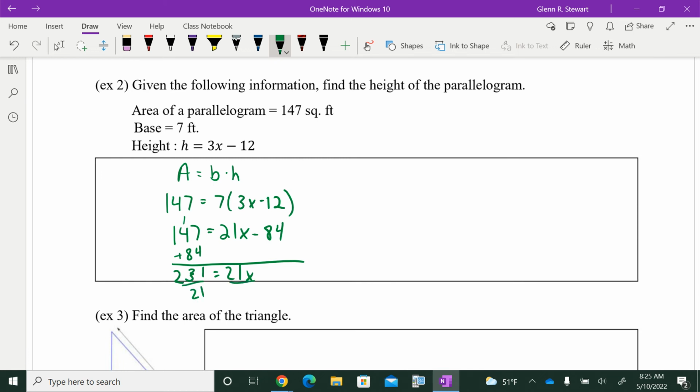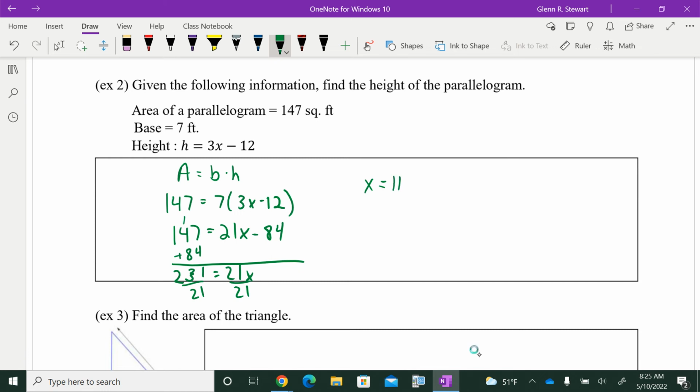And then let's divide by 21. So x will be equal to 11.